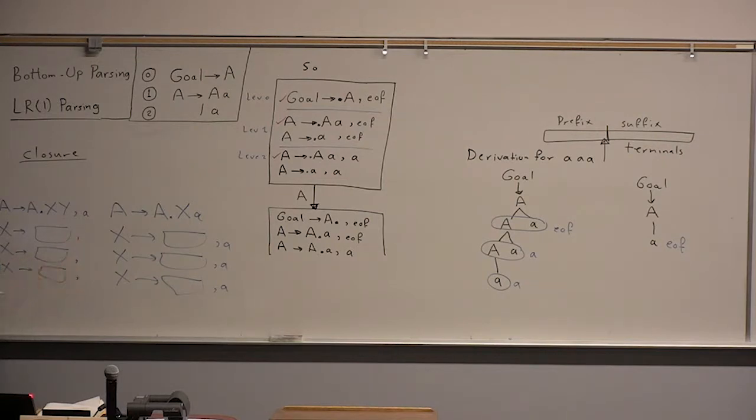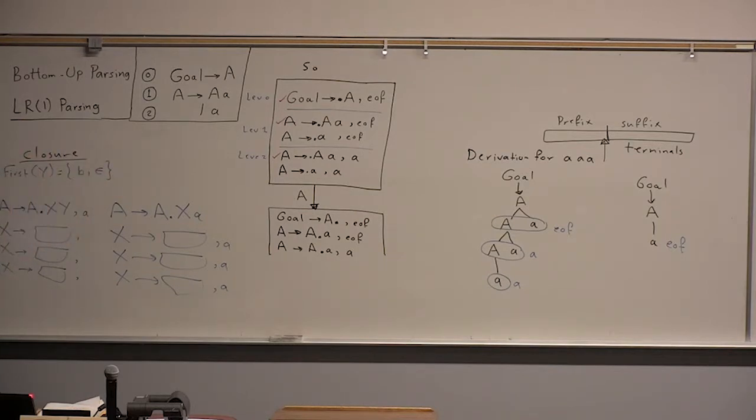The look ahead should be what comes after an X. The question is, we're looking for an X to recognize, but what comes after an X? A Y. So we should look at the first set of the Y. So this should be like if the first of Y equals B and epsilon.